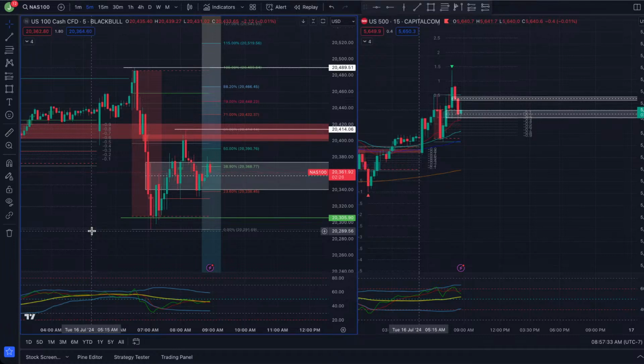We're still on the other side of the consequent encroachment of that fair value gap. 2 minutes left.